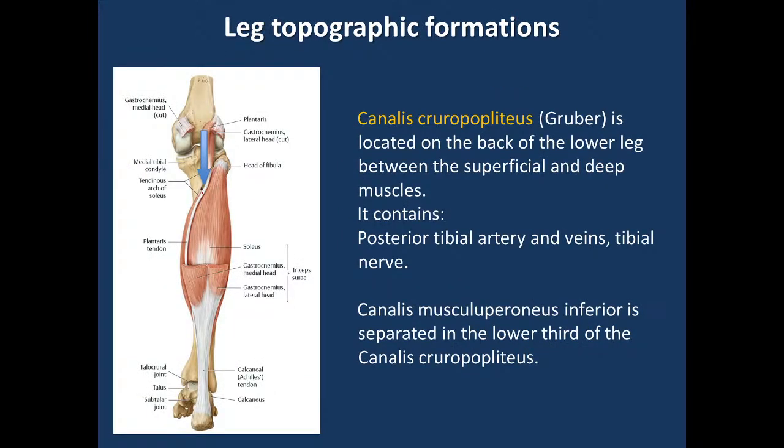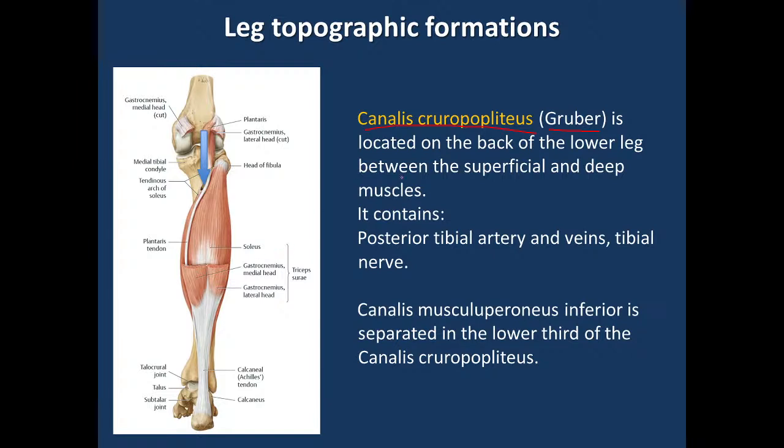In the leg, we find one long canal called canalis cruropopliteus, or named after Gruber. Gruber was the doctor who worked with Pirogov in the Military Medical Academy in St. Petersburg, and he was the first who described this canal.